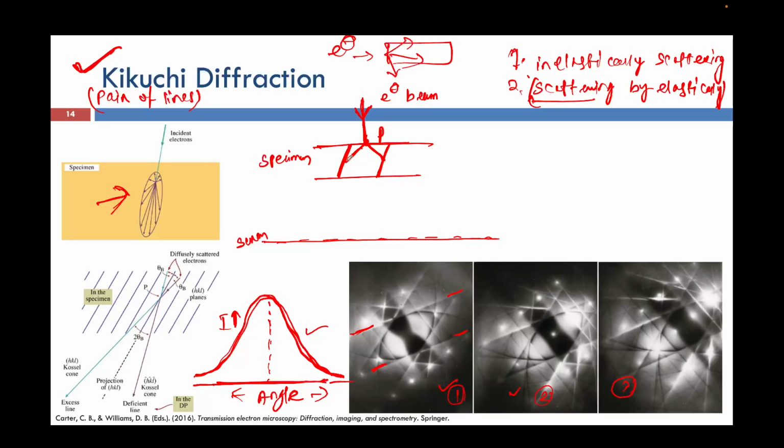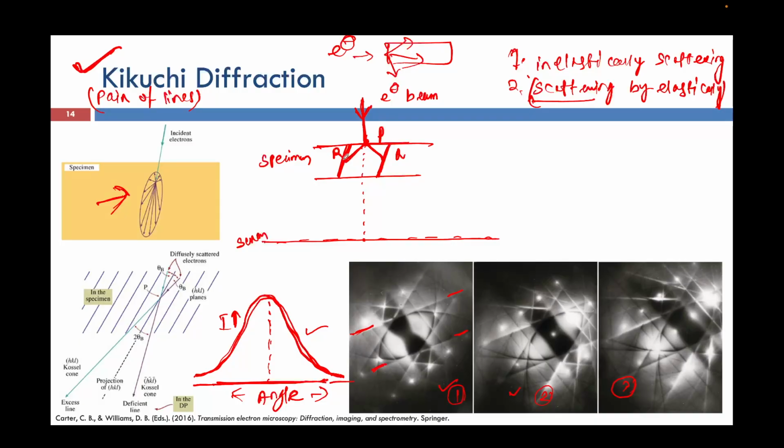Let's say I am considering these two points, one will be Q, another one will be R. This is the normal, and these are the two planes I am talking about. At point P, my first scattering will be inelastic scattering. At points Q and R of these two planes, my scattering will be elastic scattering.